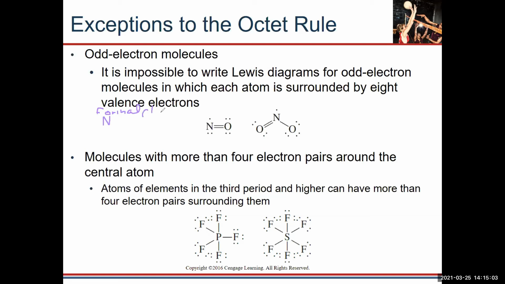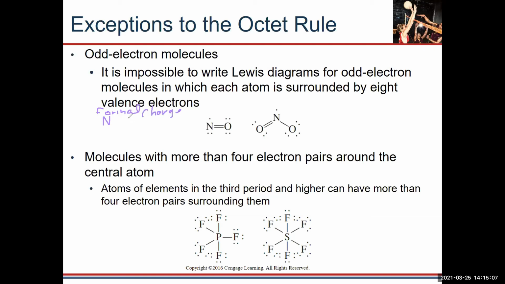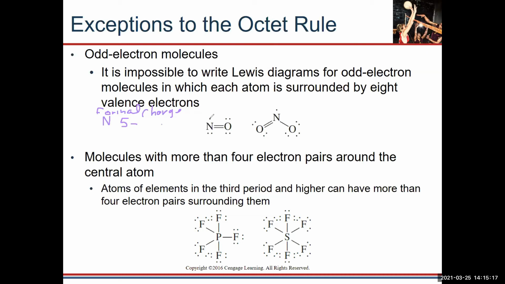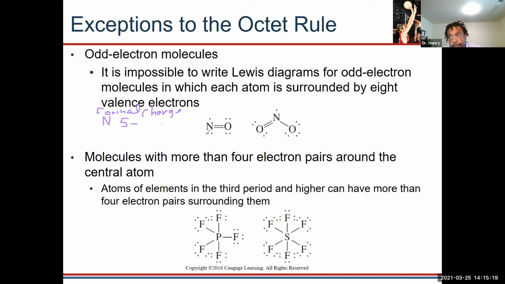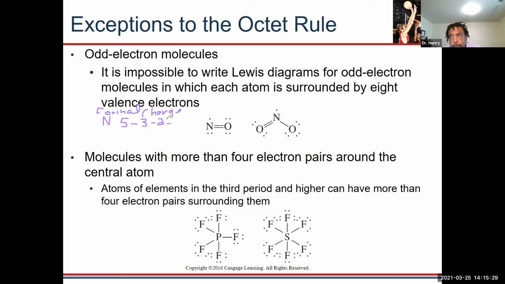How many valence electrons does nitrogen have? 5. Minus the number of lone pair electrons. How many lone pairs do we have around this one? 3. And then minus the bonds. 2. And that equals 0, right?